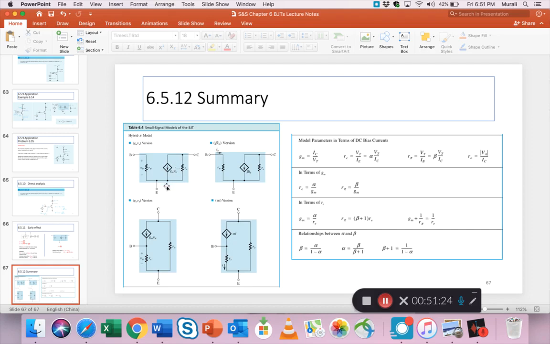And so he gives you the two pi models, the T models with the early effect, what each one of these is, the transconductance, the Re, the R pi, the relationships between them, and how they are also related to the alpha, the betas. So all this is in one table, and that is the summary table. So keep that handy. It will help you to solve problems.